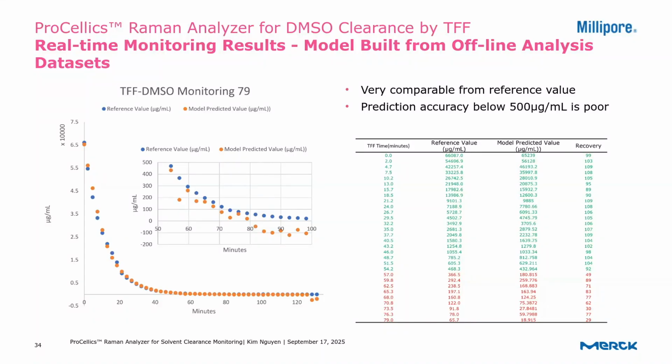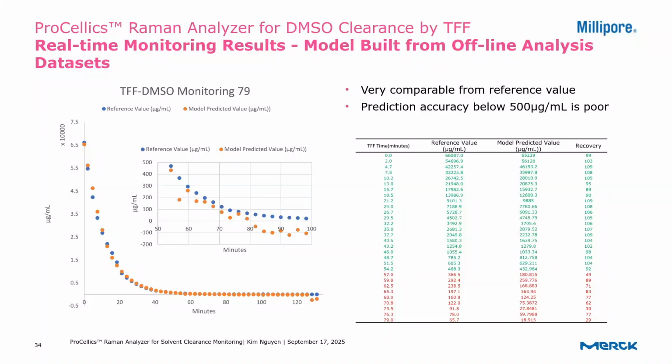In this slide, the offline samples are represented by the blue circles and the predicted concentrations from the ProSelect are represented by the orange circles. The inset graph is the zoom in for samples at low concentration. The table on the right shows the actual concentration of DMSO for the offline samples compared to the predicted concentration.